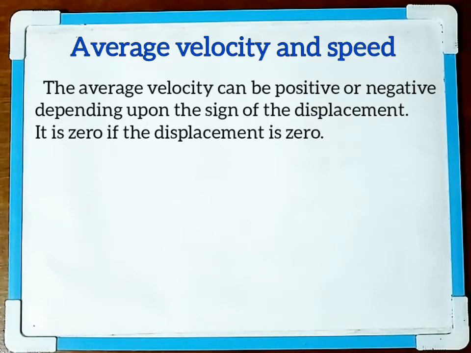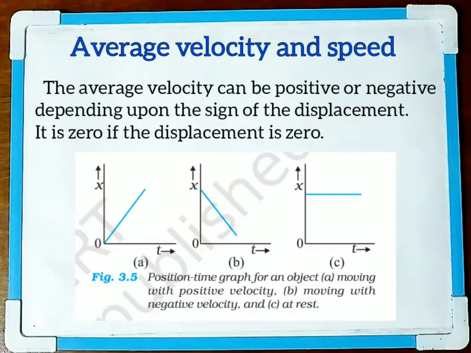And in the figure, it is shown the position time graph of the motion of an object in 3 cases. For A, this is the position time graph of an object with a positive velocity. As you can see here, the slope is positive, hence the average velocity is also positive.